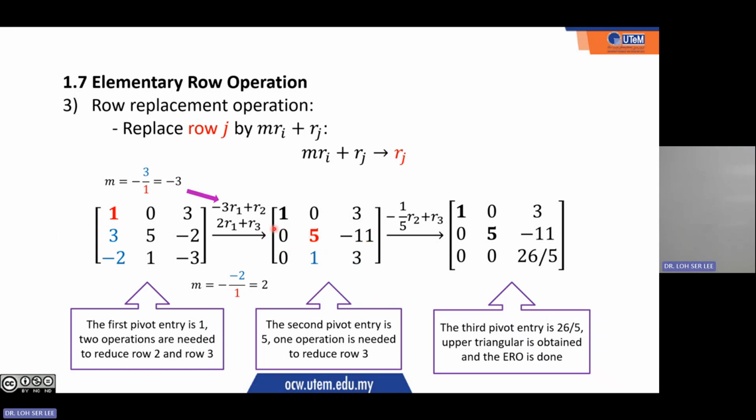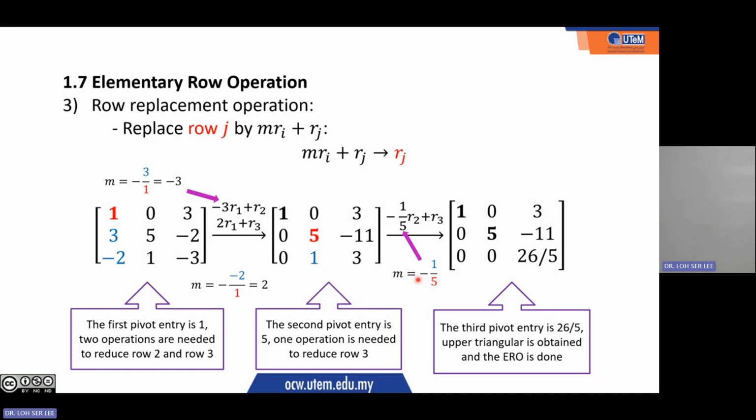So now, when you sketch the staircase, there is one horizontal line here, and when you see this non-zero entry, we go down one unit and we need to turn right. So this should be zero, and this is your second pivot. We use the latest pivot. This is the one to be changed into zero.